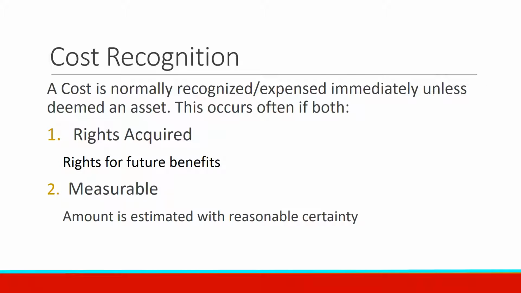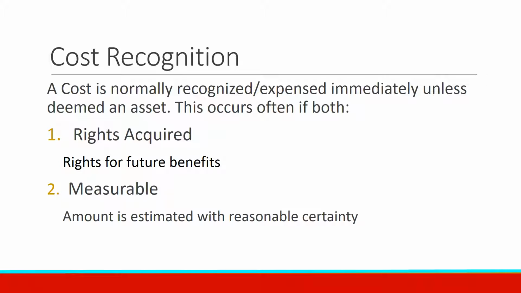We're now going to talk about the criteria for cost recognition. Remember, we had some for revenue recognition, and I just really talked about two very simple basic ones, not the full detailed list of them. The two I had was whether the revenue was earned and whether it was measurable. We're going to have two similar criteria for cost recognition. What's going to be different is the way the test is set up.